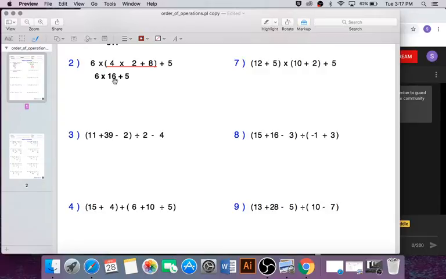So we're going to do our multiplication first. Multiplication comes before addition. So we have 6 times 16, which is 96. Plus 5. Now we're going to do 96 plus 5, which is 101.